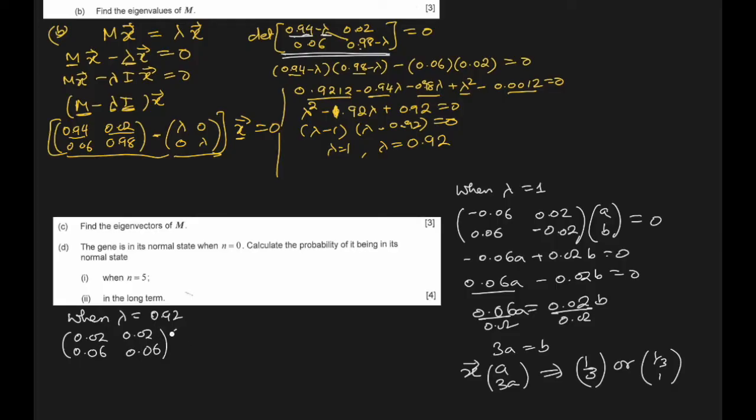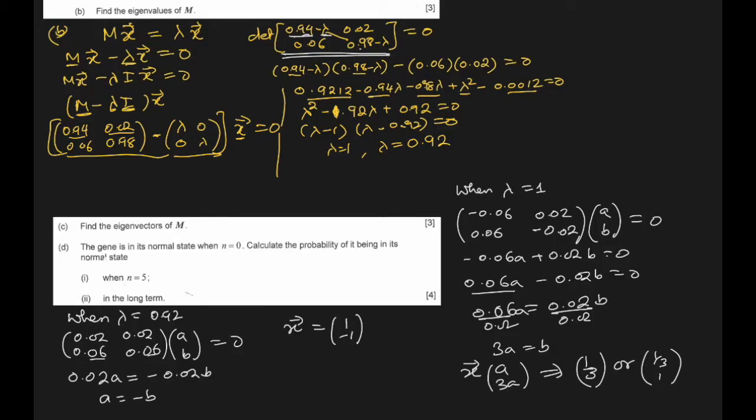Okay, so AB equal to 0. So both of the equations are exactly the same, so I will use just the first one again. 0.02 A equal to minus 0.02 B, so A is equal to negative B. So our eigenvector in this case will be 1, minus 1.